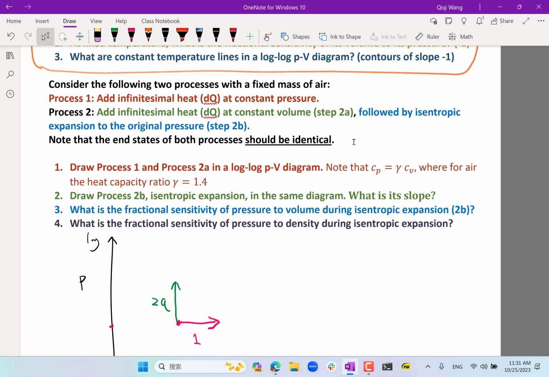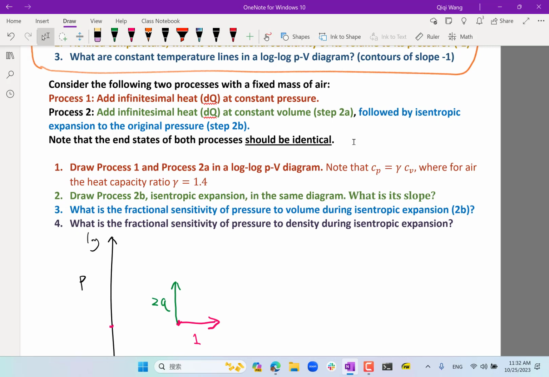Is the green line has more temperature rise, or red line has more temperature rise? Yes, the constant volume one has more temperature rise because if you look at the heat capacitance, the constant pressure has more heat capacitance.